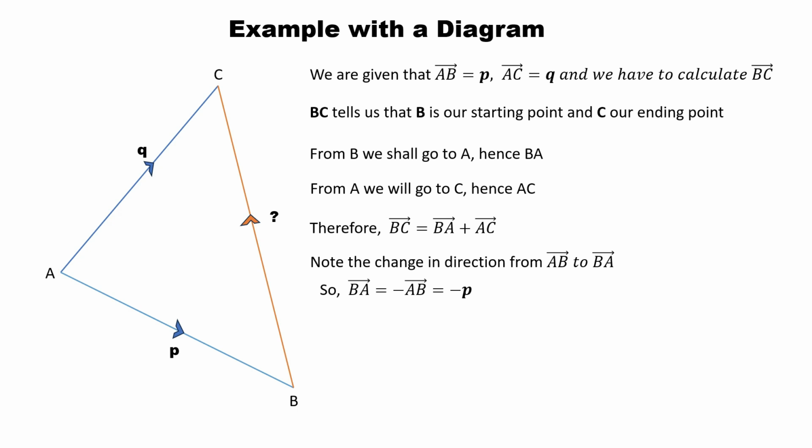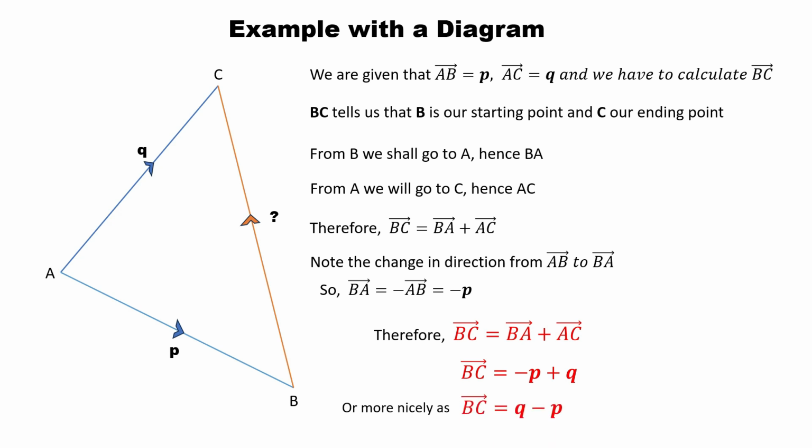So BA is equal to negative AB, which is negative P. Therefore, the short and precise answer is BC is equal to BA plus AC, which is equal to minus P plus Q. Or we can write it as Q minus P. Both ways are correct. It only depends on the work presentation that you prefer.